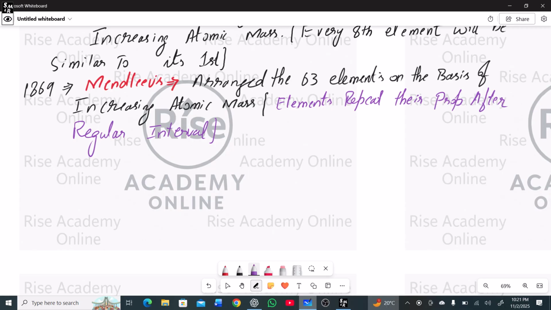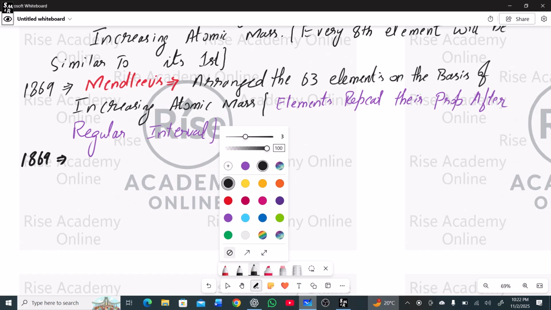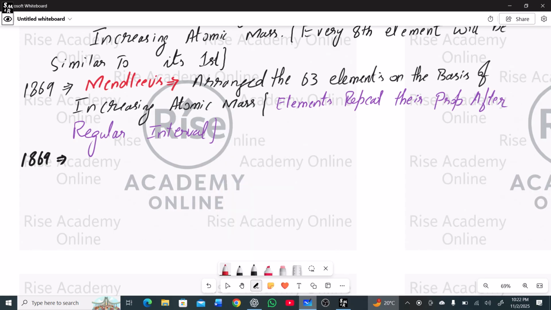Another arrangement in the same year, in 1869, was presented by Lothar Meyer.